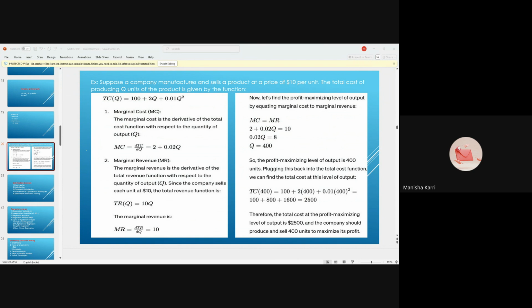Suppose a company manufactures and sells a product at the price of $10 per unit, and the total cost of producing Q units of the product is given by the function you can see in the PPT. Take a look for 2 minutes. Okay, then we'll go to another topic.